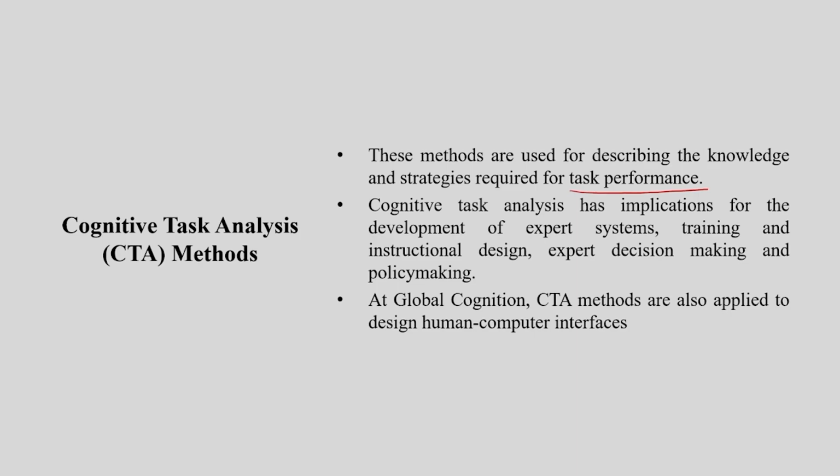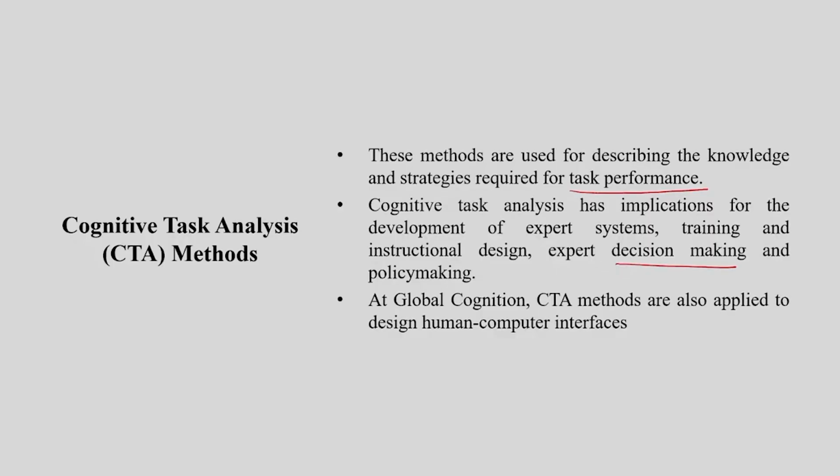If we understand all these, then only it is possible for the designer, the person who is doing the intervention, to optimize the whole system. And once we try to do the optimization, all this decision making and policy making will come into existence, and of course new design will come into existence.